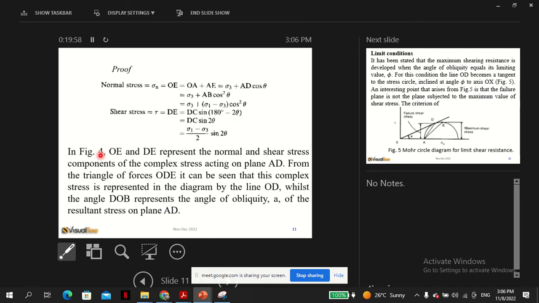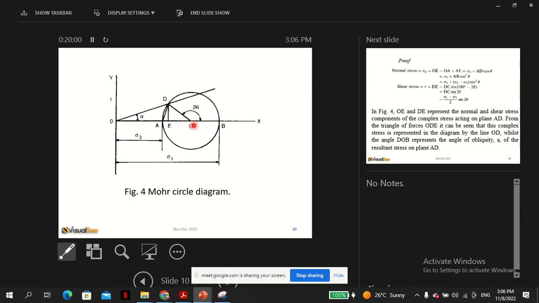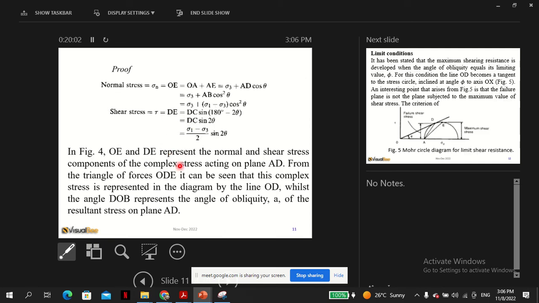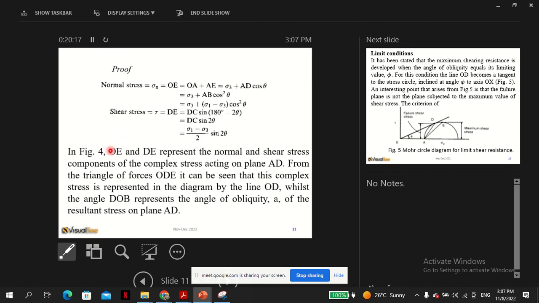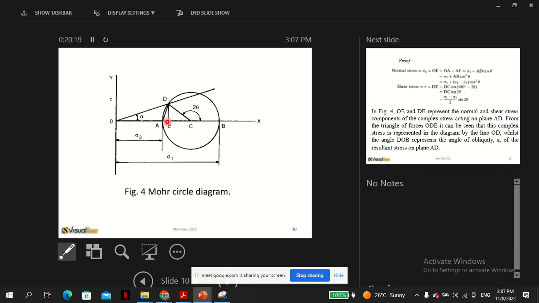So in figure 4, OE and DE represent the normal and shear stresses. OE is which one? OE is the normal, and DE is the shear stress.